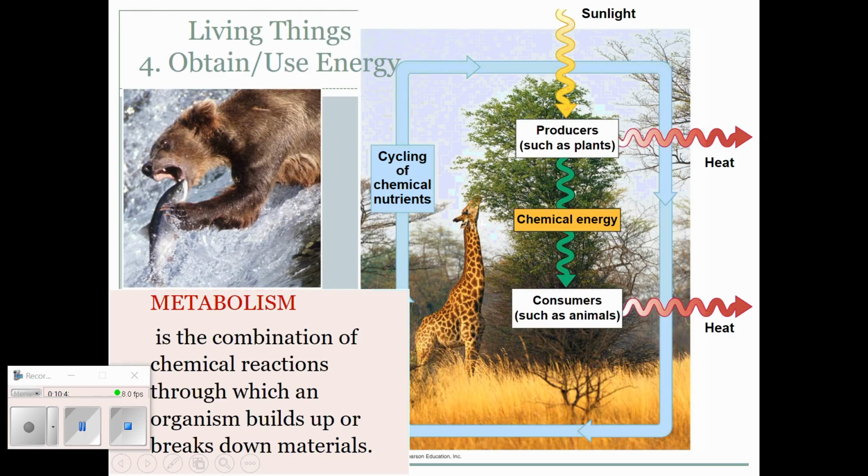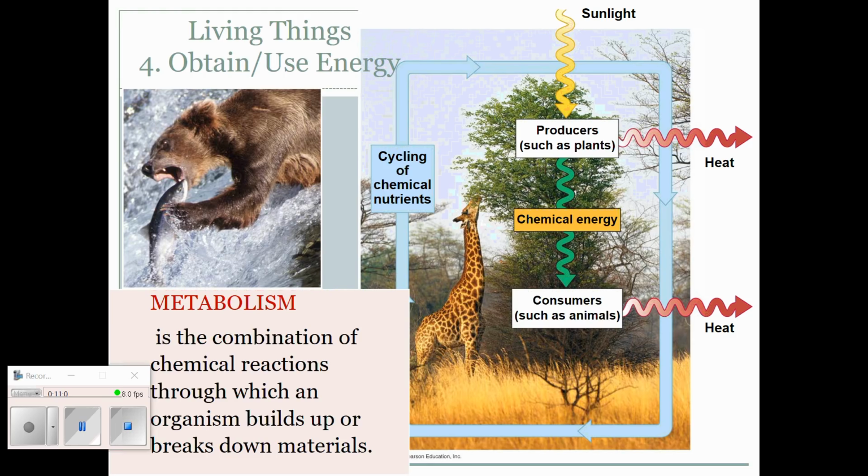Our fourth characteristic is obtain and use energy. Now, all living things need energy in order to do work, in order to walk or sleep or just do their normal daily activities.